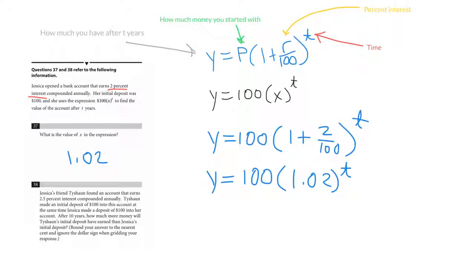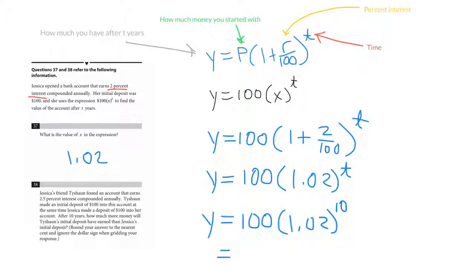So apparently 10 years have gone by. Let's find out how much Jessica would have after 10 years, because we're going to be comparing how much Jessica has and how much Tyshawn has. We'll start there. If you were to do 1.02 raised to the 10 power and then multiply that times 100, you would end up getting a decimal, something like 121.89.